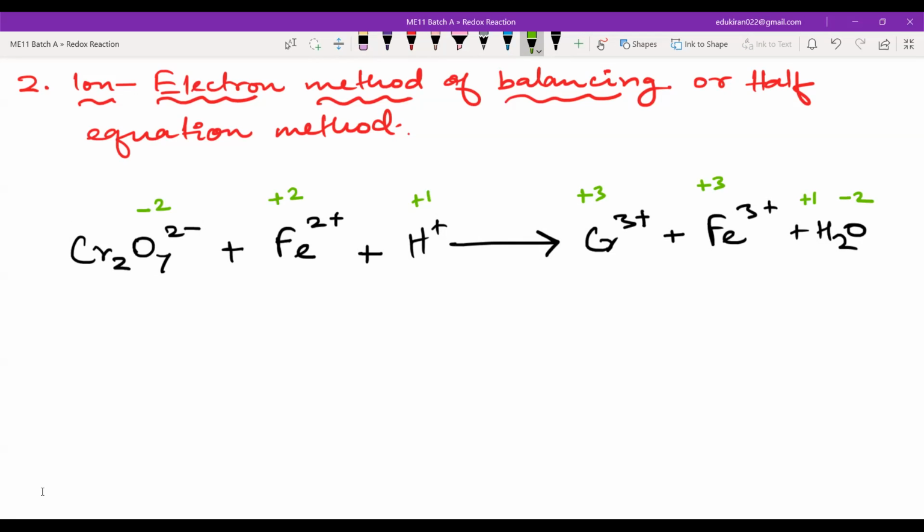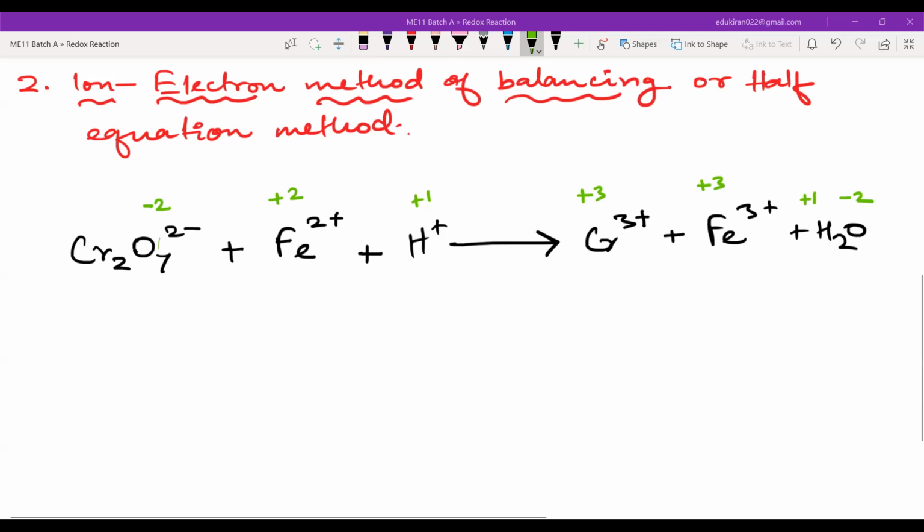Calculate and tell me. 2x plus minus 2 into 7 is equal to minus 2. 2x minus 14 is equal to minus 2. 2x is equal to 14 minus 2.